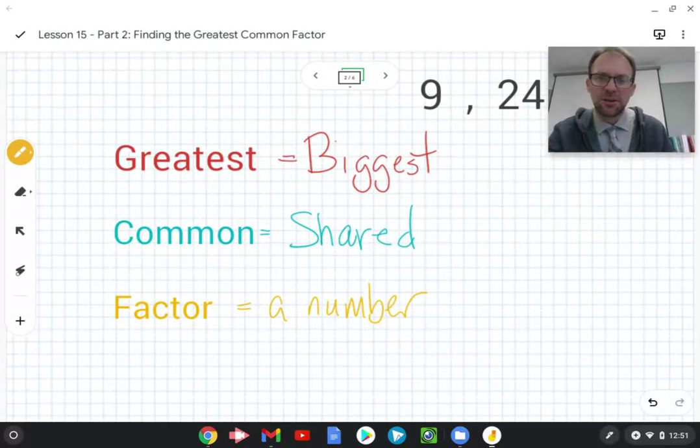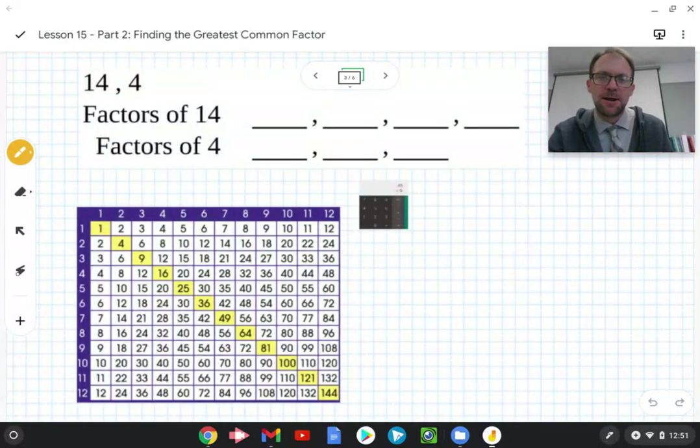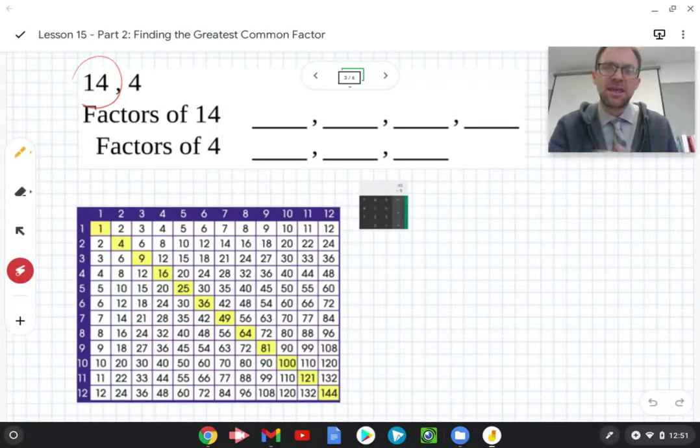So let's take a look at some examples of the biggest shared number, or the greatest common factor. Here we have our first set of numbers, 14 and 4. If you recall from the previous lesson, factoring a number involves taking, let's say, 14 first, and thinking about all the whole numbers we can multiply to get 14, kind of like unmultiplying, right?